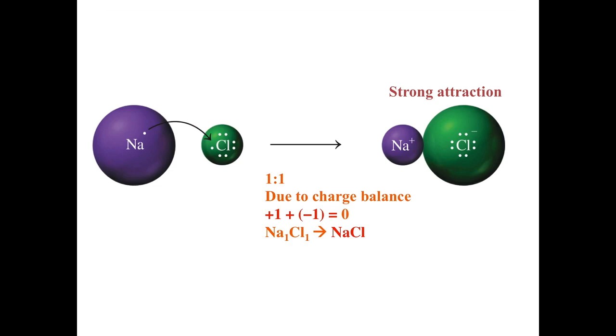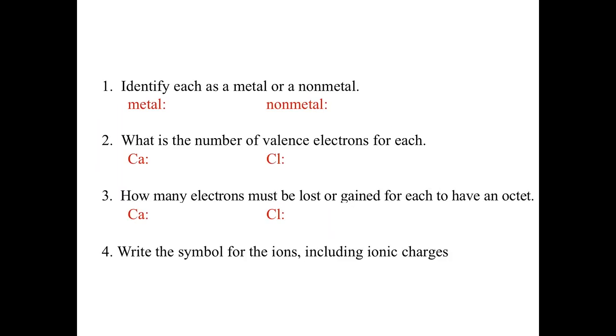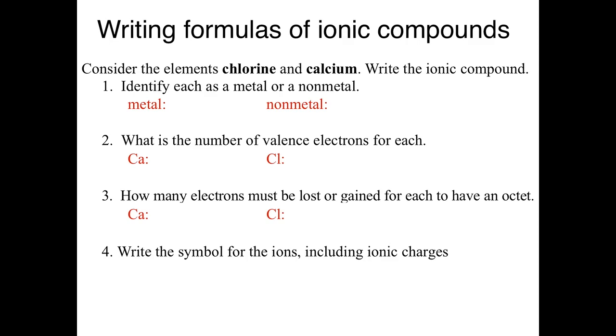If I give you a combination of any two elements, you should be able to write its formula. So how do we do this? For example, if I say I have a compound composed of chlorine atoms and calcium atoms, can you write me the ionic compound? The first thing you want to do is identify each as a metal or a nonmetal.